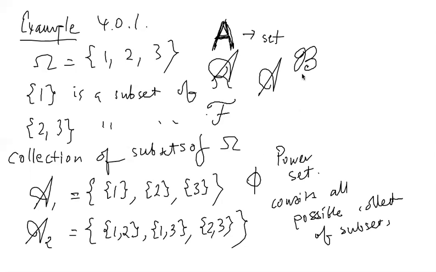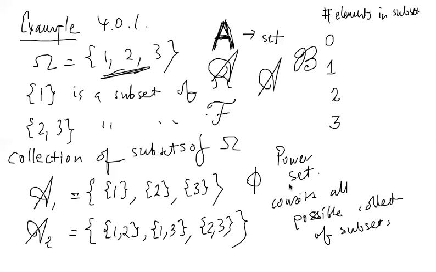Think of it like this: a subset can contain no elements, 1 element, 2 elements, or 3 elements at most, because you have 3 elements.